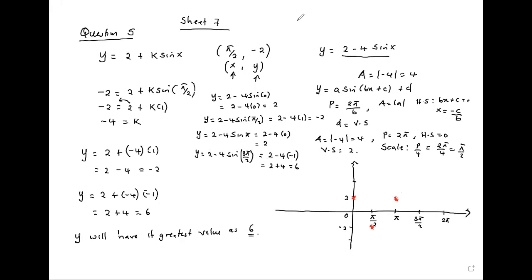So we put 6 somewhere here. So this is our 6. And then you go to 2 pi. So 2 pi, what is 2 minus 4 sine 2 pi? Sine 2 pi is 0, so we'll get 2 minus 4 times 0, which is 2. So you substituted 2, so we get the point 2 again.